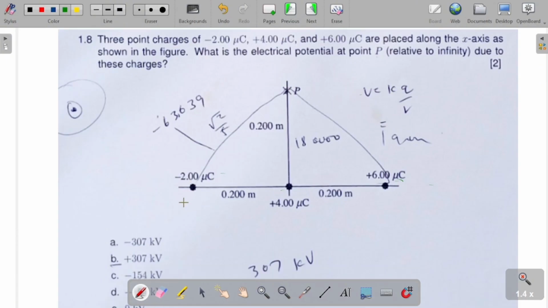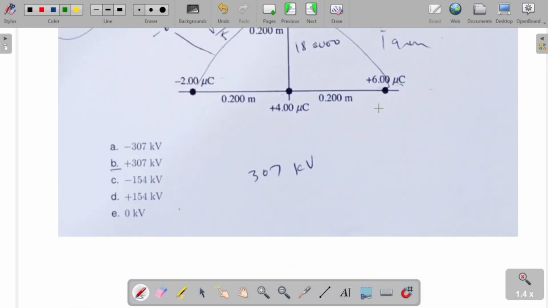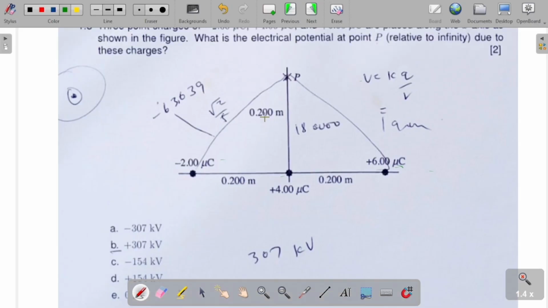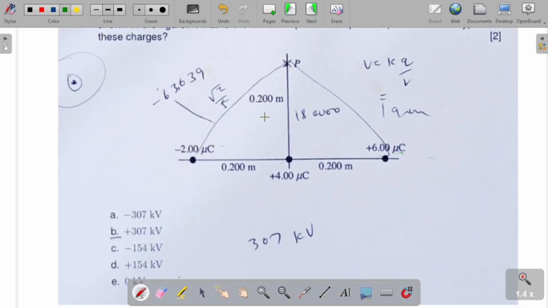Remember, when you want potential due to one charge, it's absolute potential, which could be relative to P and infinity. And remember, at infinity, we have zero potential. So the potential will just be for that point that you want. Okay. Now let's calculate this value.